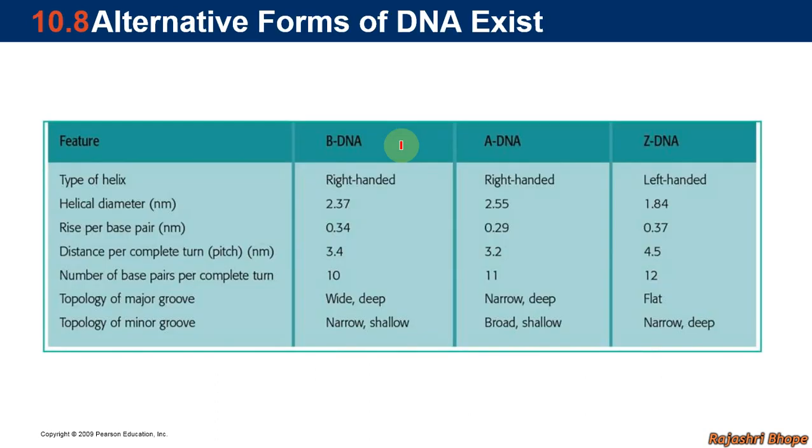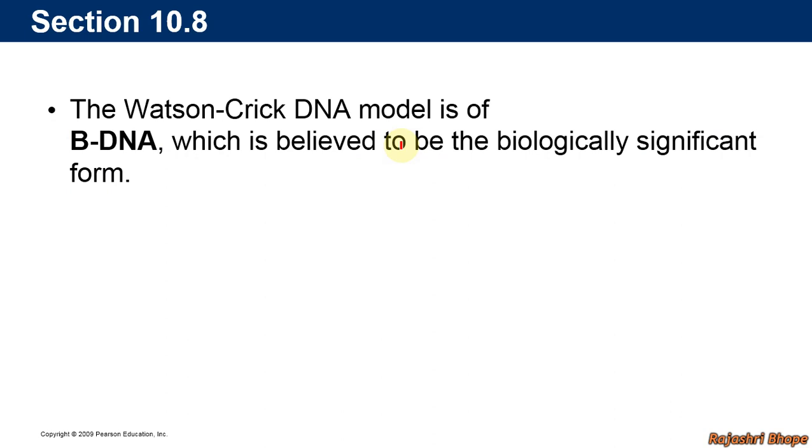Now these are the different forms of the DNA: bDNA, aDNA and zDNA. The Watson and Crick model of the DNA is the bDNA form, which is believed to be biologically significant and the most stable form.